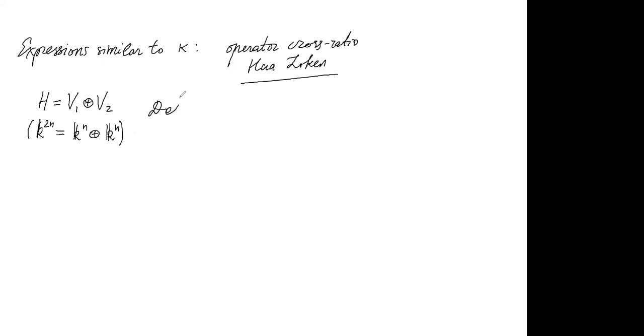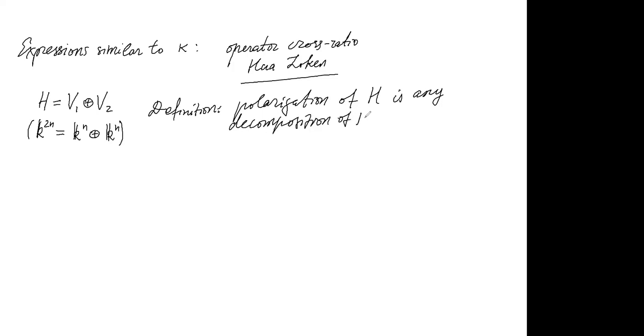Definition. A polarization of H is any decomposition of H as a direct sum P1 plus P2, where Pi is isomorphic to V1.